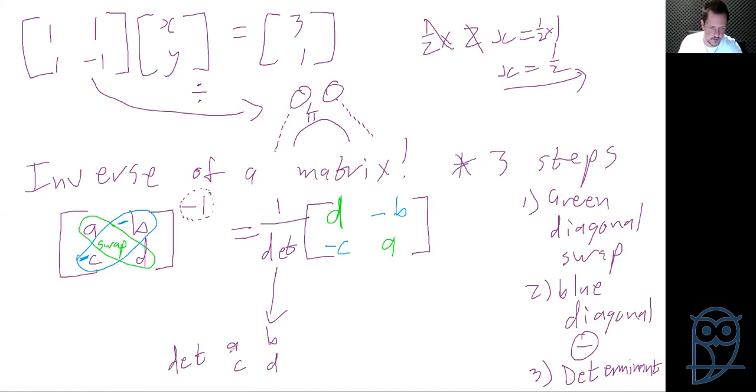So the determinant of this, you multiply the diagonal, A times D, you always subtract, and then you multiply the other off diagonal. So you multiply down minus multiply down. So it kind of forms like a cross shape. So you always do that for a determinant.